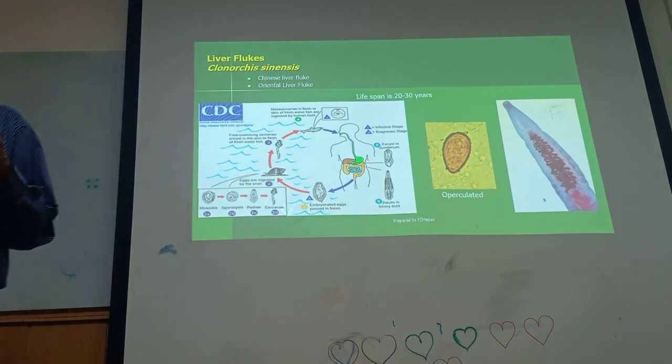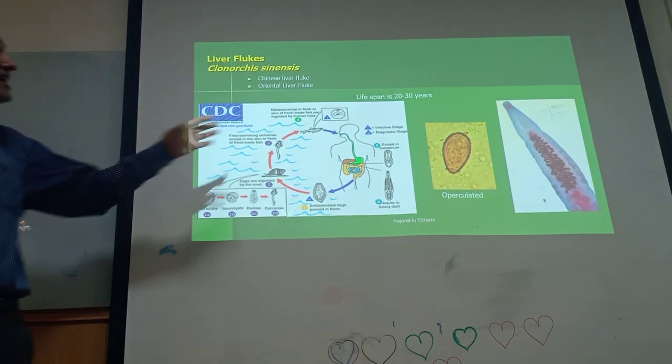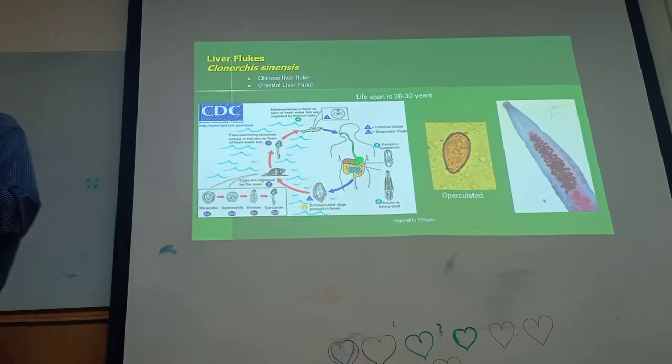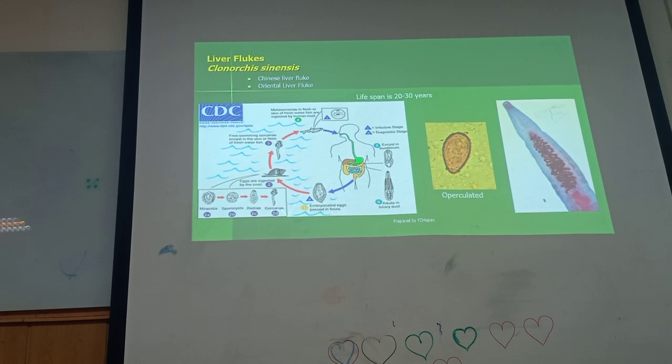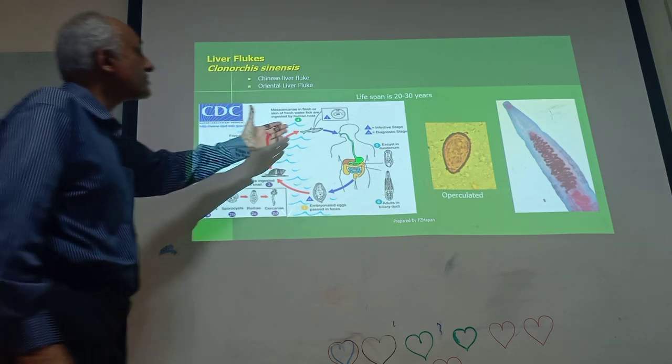So the second intermediate host is fish, and humans get infected by consuming undercooked or not well cooked fish dishes, and this is very important.